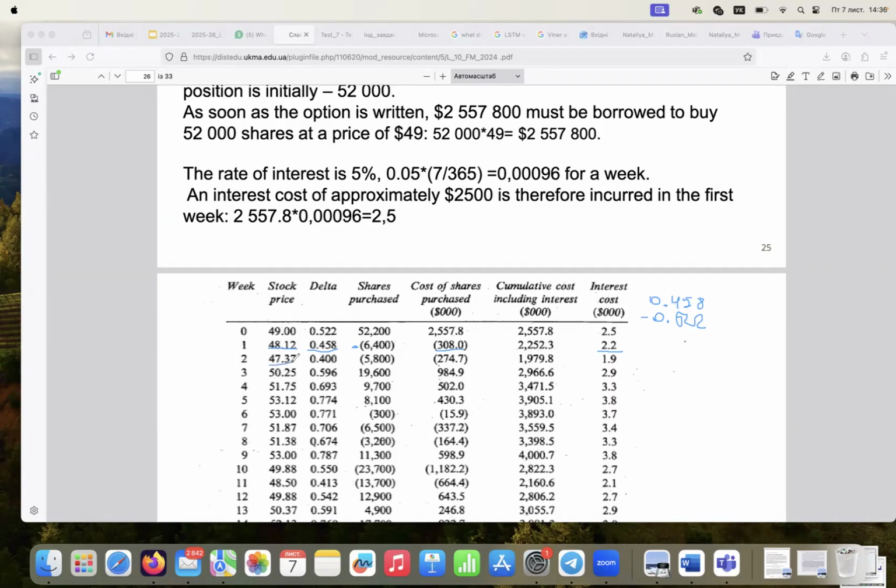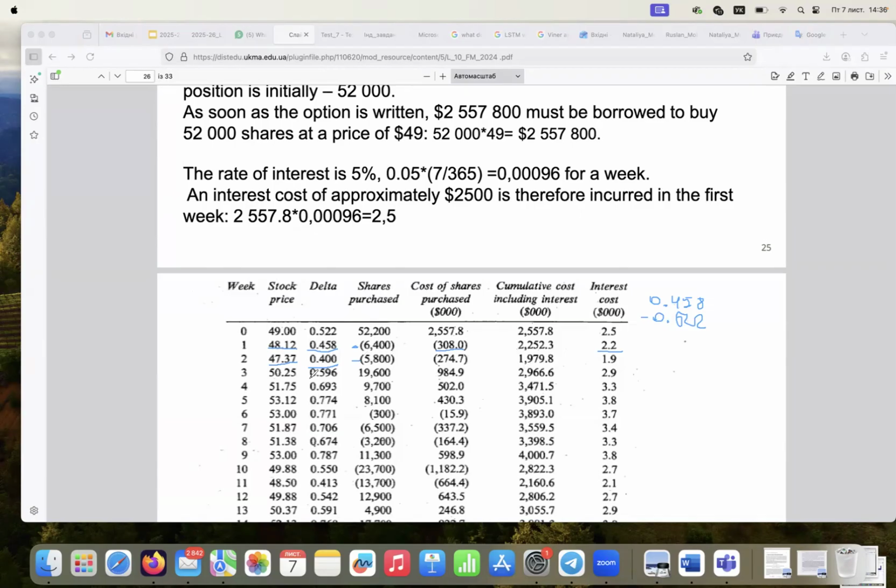After that, you see this price drops again. So we compute delta, the difference between this delta and this, with minus, and it should be 0.058. It is with minus, it is a sum, and so on.